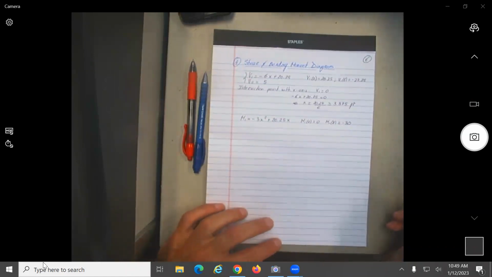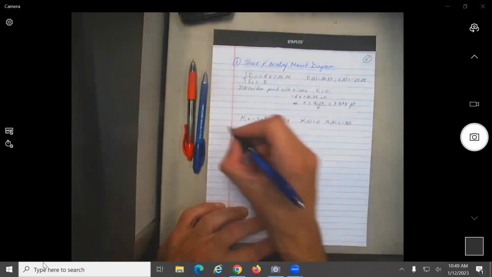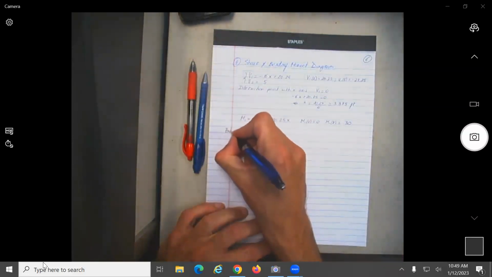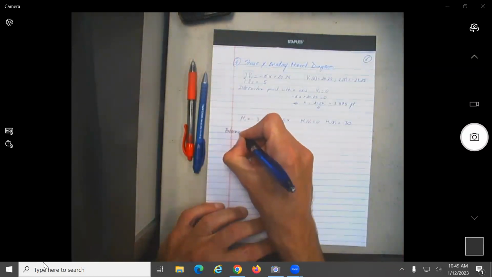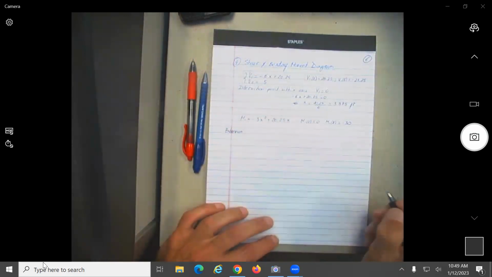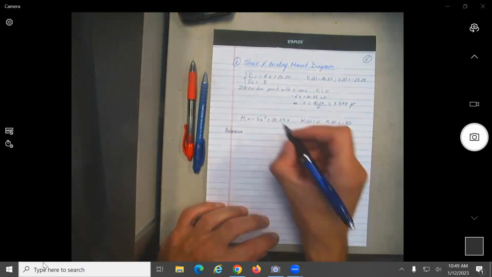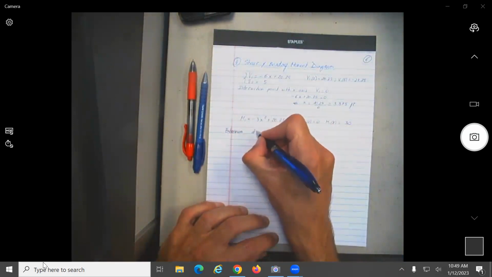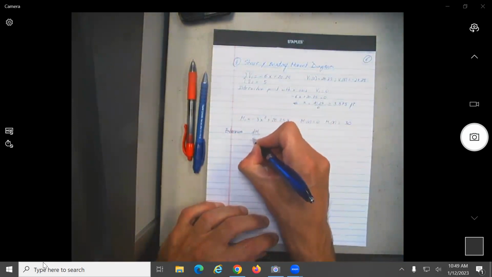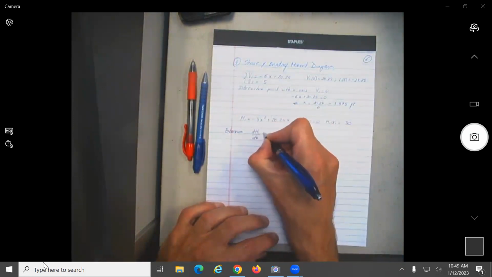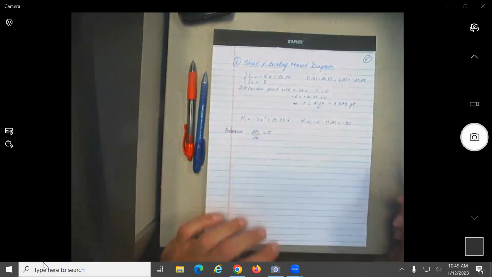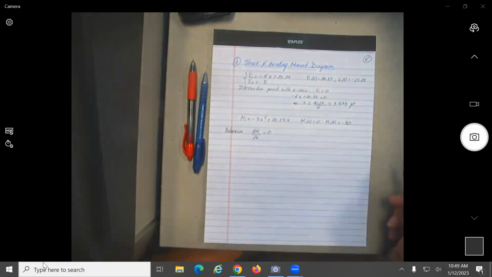So how will you find the extremum? Generally, you would do dM/dx and solve for x, no?